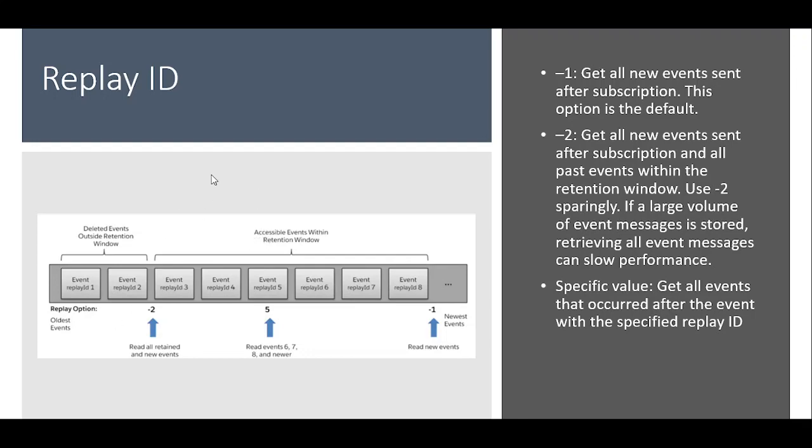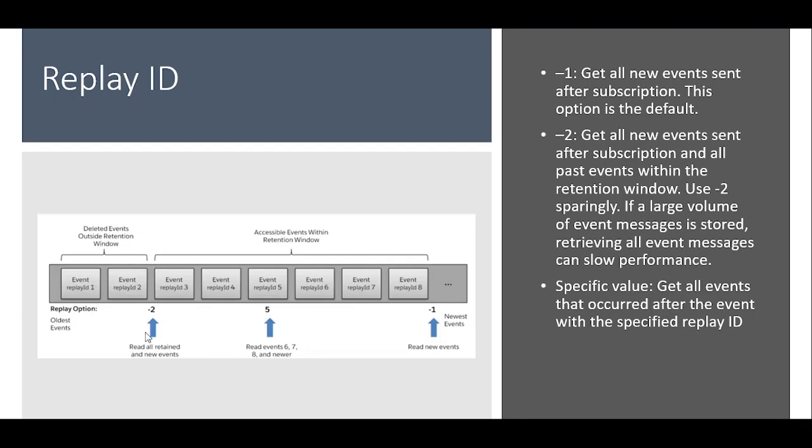As I said, when you publish data, you are given a replay ID field, where it could be 121, another would be 125, then 126, then 129, 135, like this. All those events with those replay IDs are stored in their retention window.